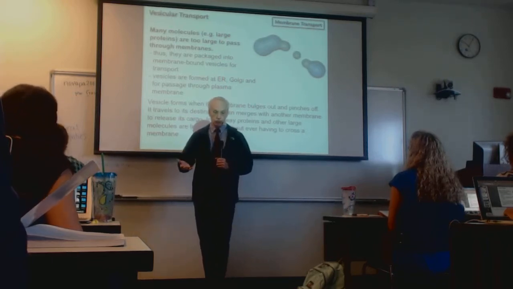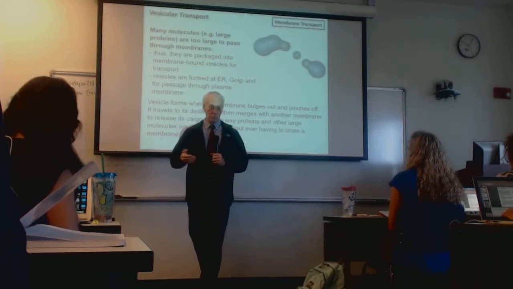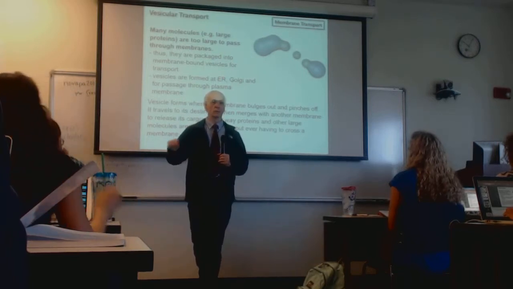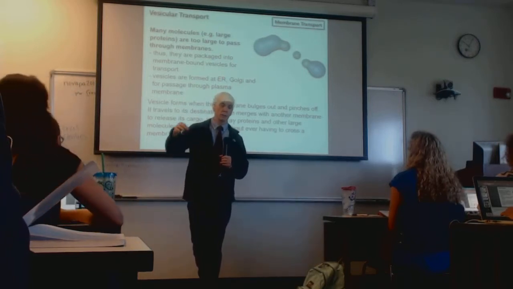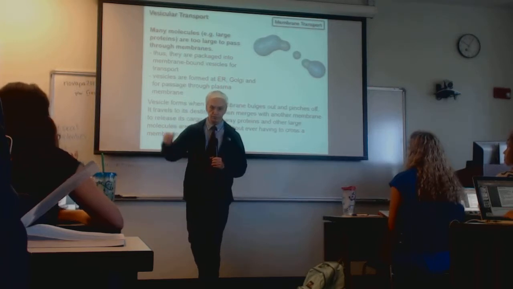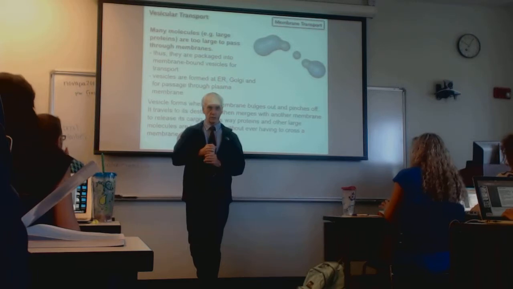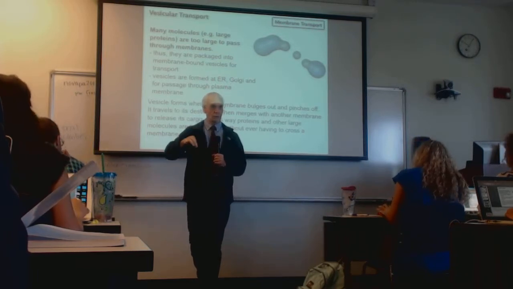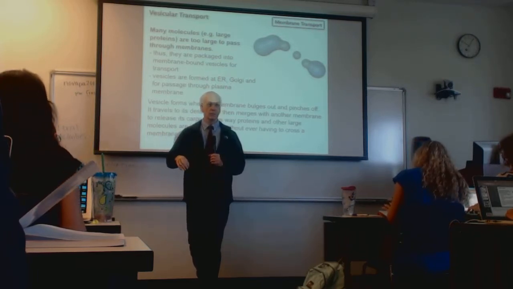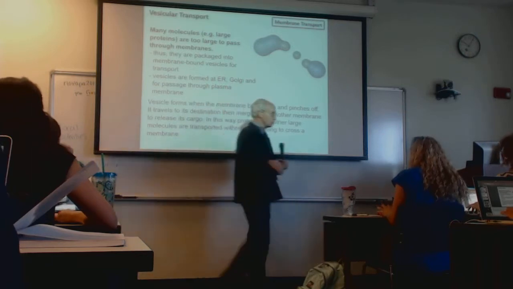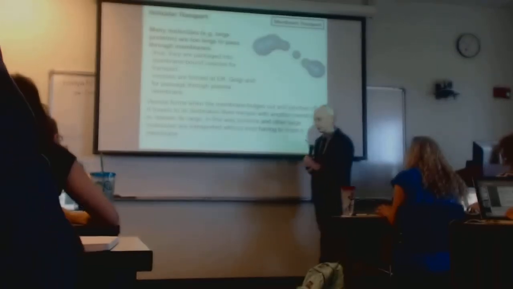So cells, again, this is not the only reason, but in general, if the particle is more than, let's say, 3/4 of a micron, that's the usual threshold you see, they'll use an alternative process called endocytosis or exocytosis.